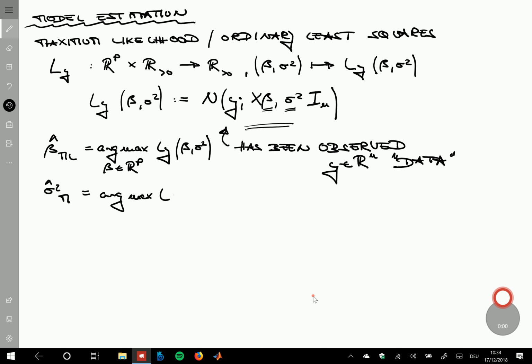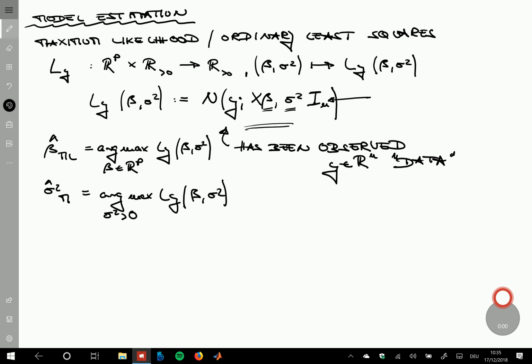Essentially you should think about this as a function, and it's just the multivariate Gaussian probability density function. You have the y in there, and now you're varying the beta and the sigma square, and you try to get two values of beta and sigma square that maximize the output of this function, which is just a single number.